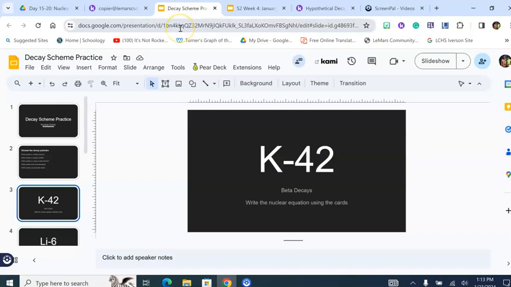Now, yesterday when we did this practice, we used this kind of format. This top number is the mass number.